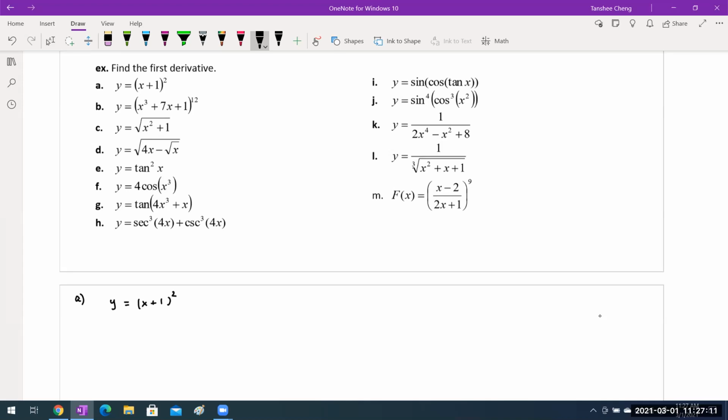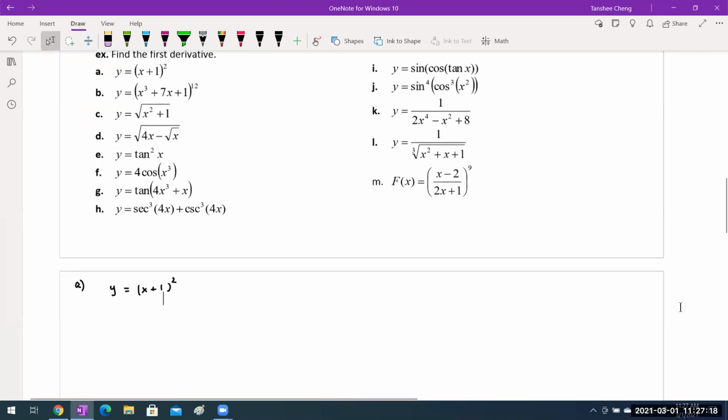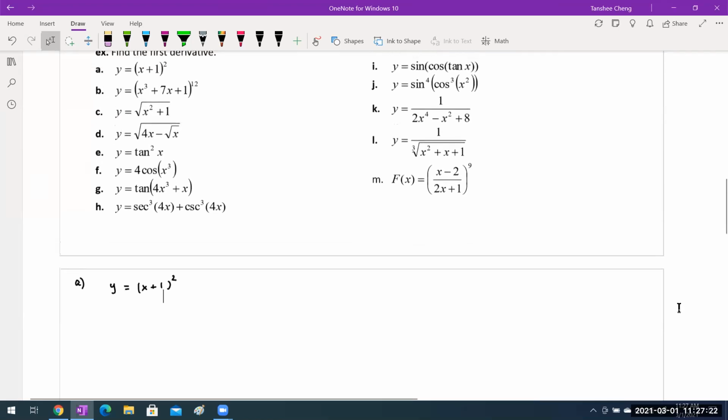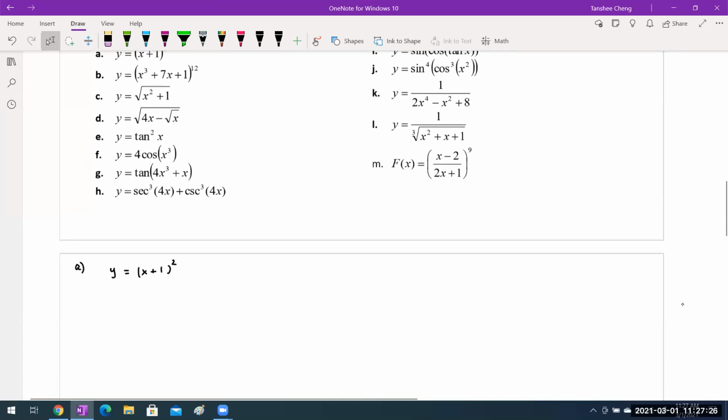So when I'm doing these problems, if you are not used to this, I recommend you try to write it in this format so that you can see which order of derivative we need to take, right? Remember that the very first function in this case is the most outer function, which is the power function.